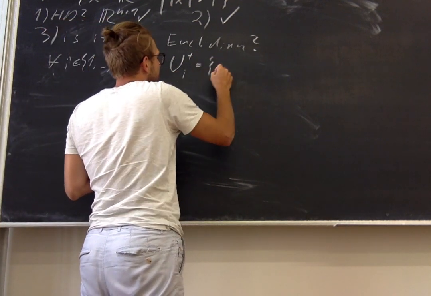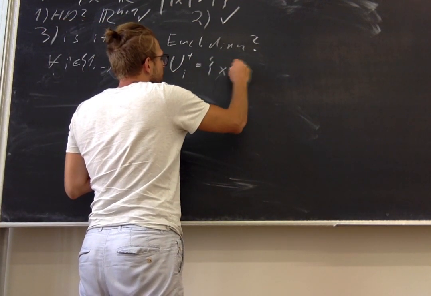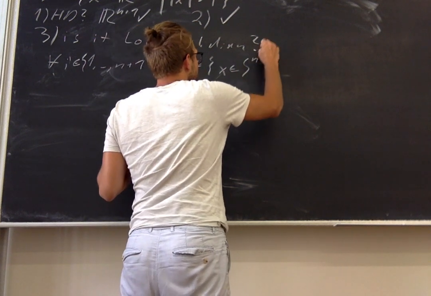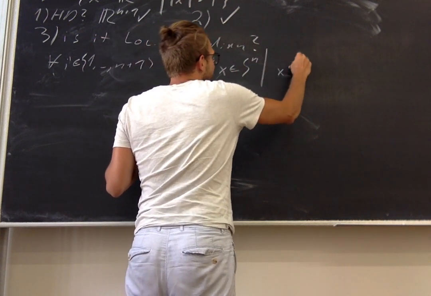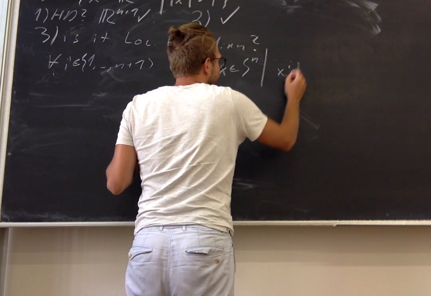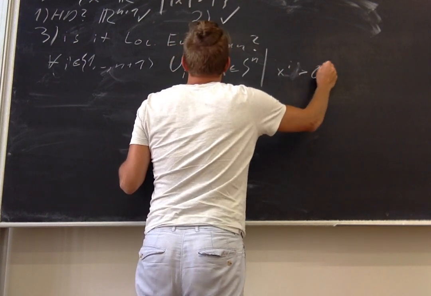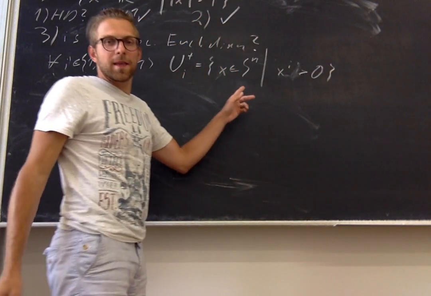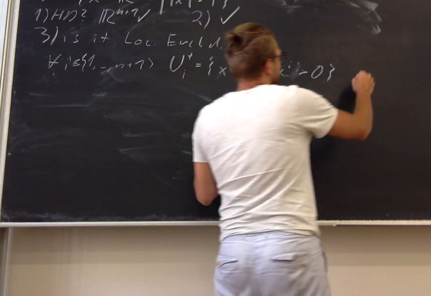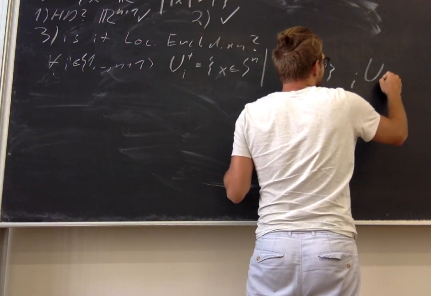Ui plus is x from Sn such that x, the ith component is positive. And in an analogous manner, we'll define Ui minus.